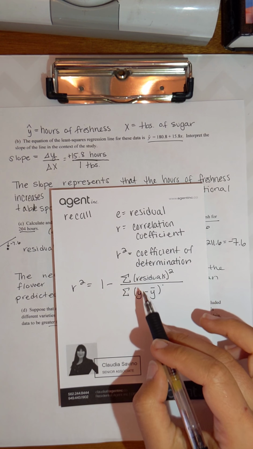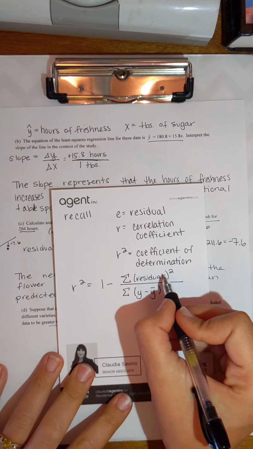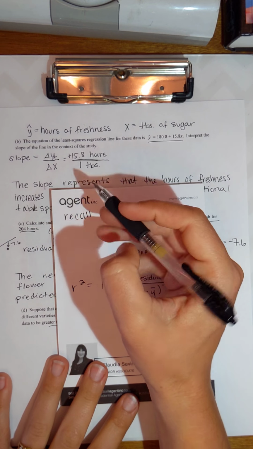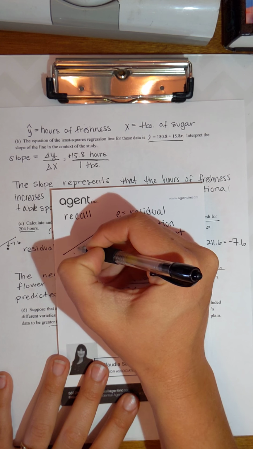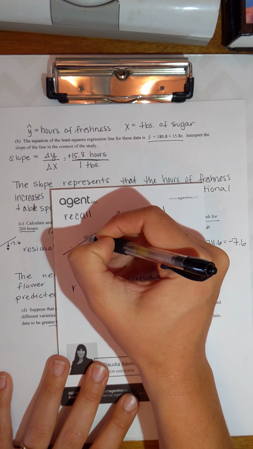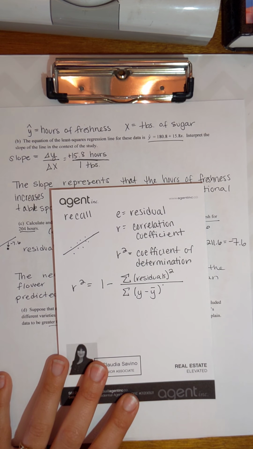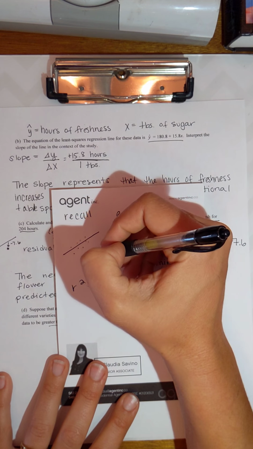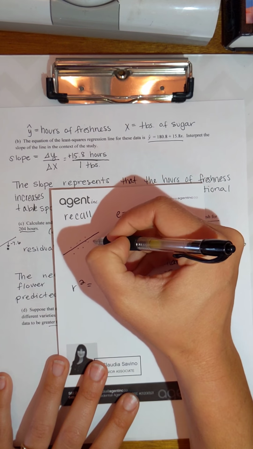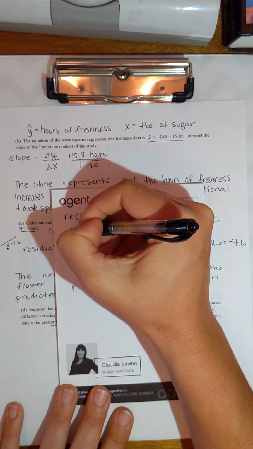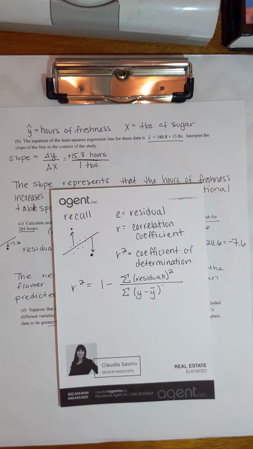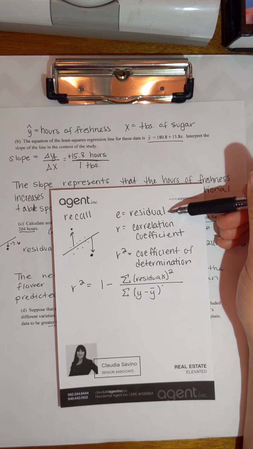Now, this situation, you have to think about as the residuals get bigger. So like if I have my line, right? As my residuals, if they're like this, they're pretty close, kind of like the data we were just looking at. But now we add new flowers. What if that flower's all the way down here? This is a much bigger E value, or it could be all the way up here. And that's going to drastically increase my residual amount.